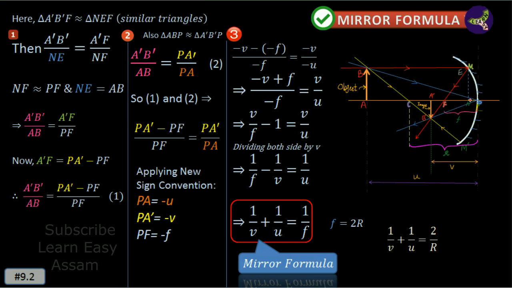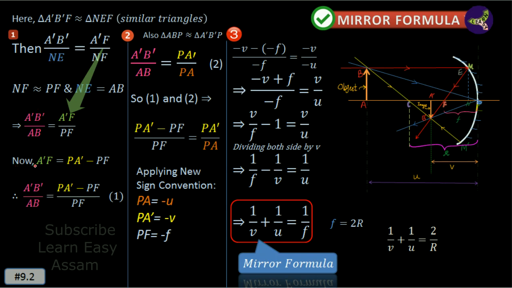NE is obviously equal to AB. So we can replace NE and NF. We can write A dash B dash by NE as A dash B dash by AB, and A dash F by NF as A dash F by PF. We have replaced NF by PF.